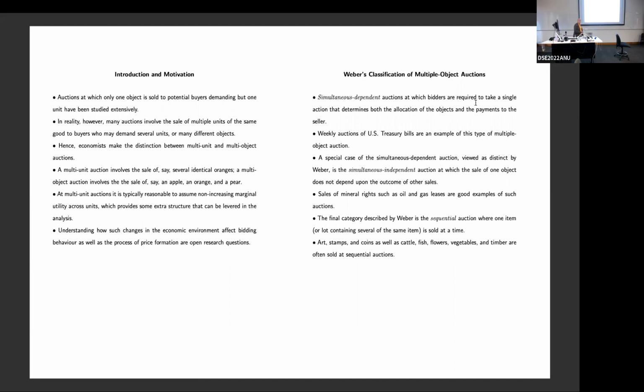Well, when you have something like a simultaneous dependent auction, one example of that is every morning and every afternoon in Canada, there's something called a receiver general auction, and the 25 banks participate to borrow money from the federal government.